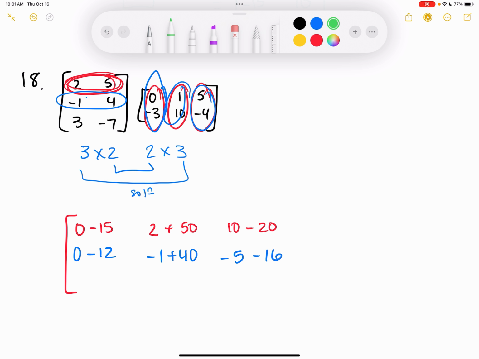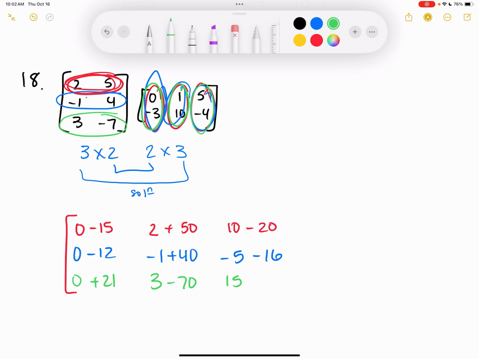And then third row, first column, 3 times 0 is 0. Negative 7 times negative 3 is positive 21. Third row, second column, 3 times 1 is 3. Negative 7 times 10 is negative 70. Then third row, third column, 3 times 5 is 15.